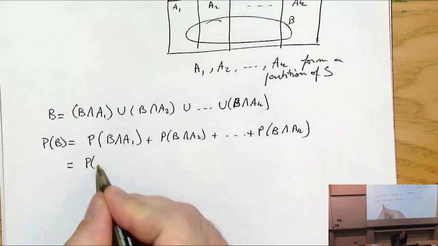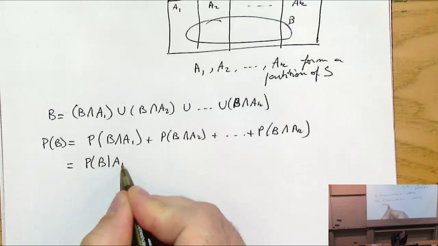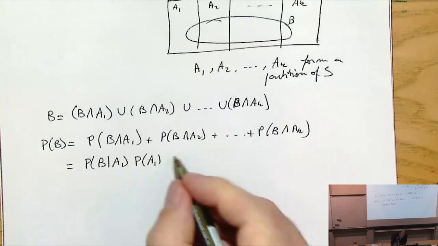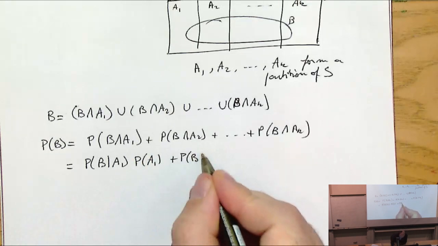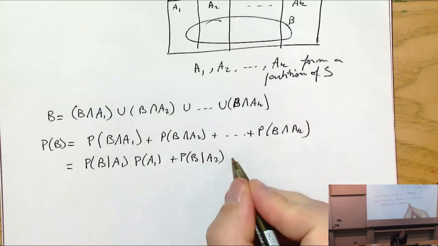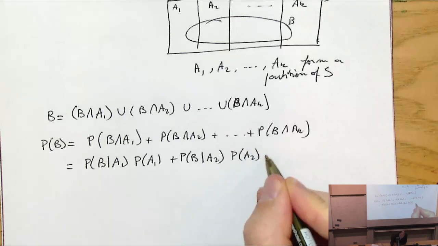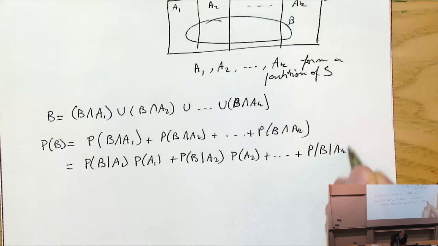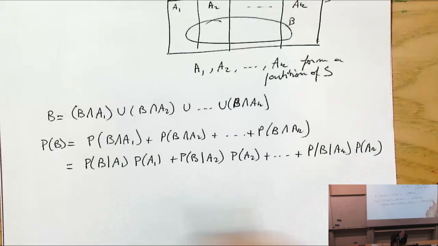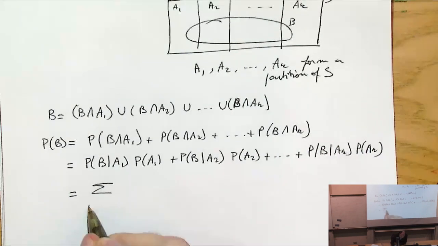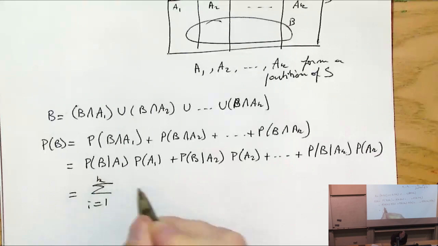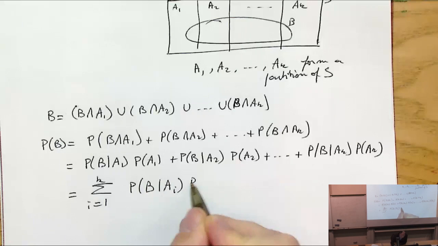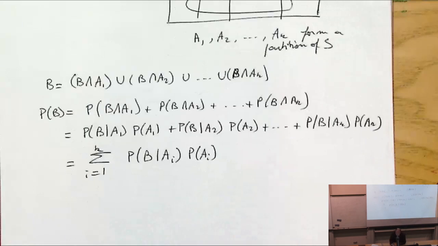This is the probability of B occurring given that A1 has occurred, multiplied by the probability of A1 occurring, plus the probability of B given that A2 occurs multiplied by the probability of A2 occurring, all the way to B given AK, probability of AK. Right? So this is essentially a sum over i from 1 to K of P(B given Ai) multiplied by P(Ai).